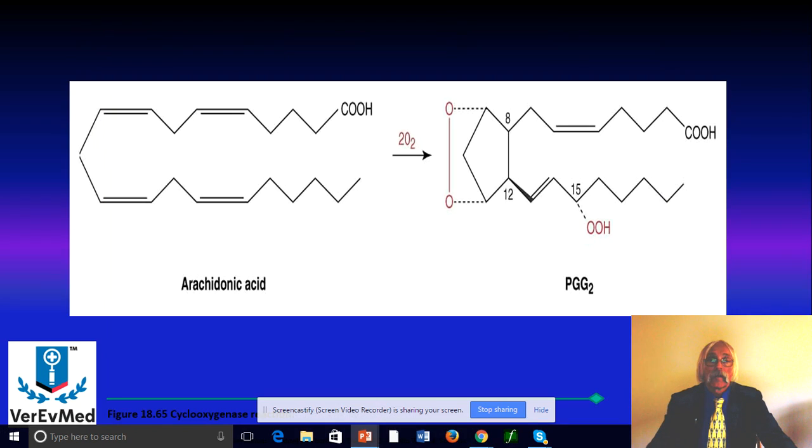Fatty acids. Now, here's the reaction itself, taking the arachidonate, our friend, the omega-6. Remember omega-6, that's where the last double bond is. So this is the carboxy terminus. If that double bond is 6 carbons away from the carboxy terminus, we call it omega-6. If it's 3 carbons away, we would call that an omega-3. So the omega means N, the end of the fatty acid is a carboxyl group, carboxylic acid.